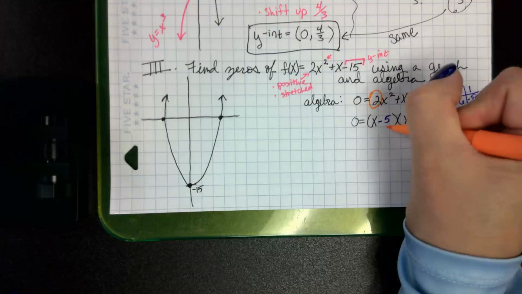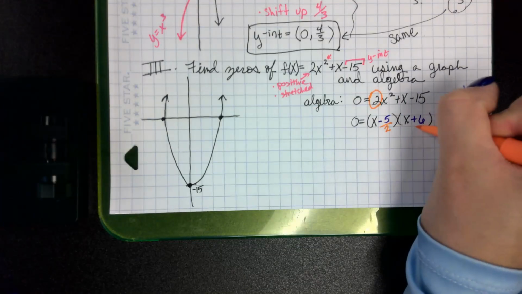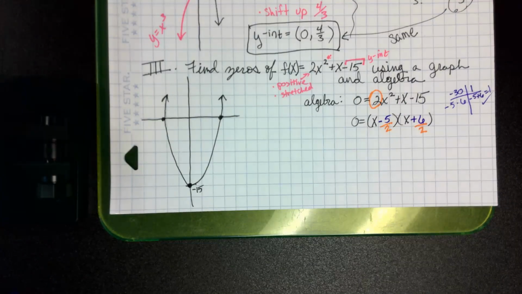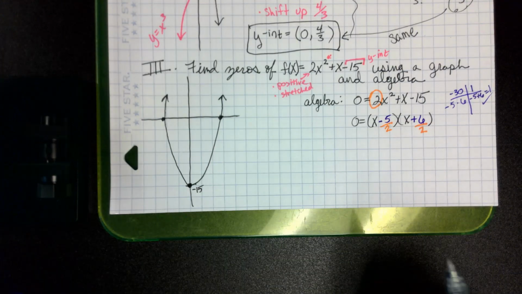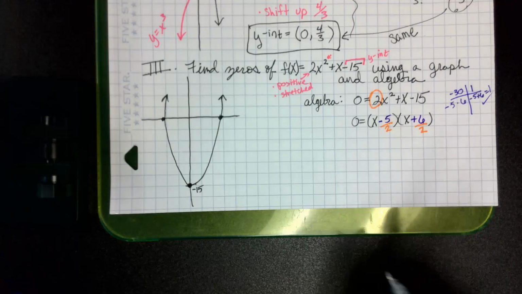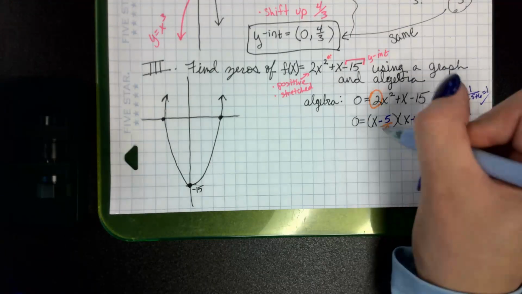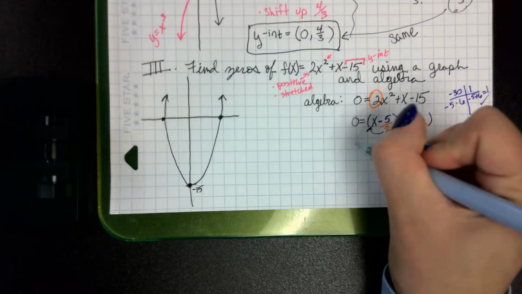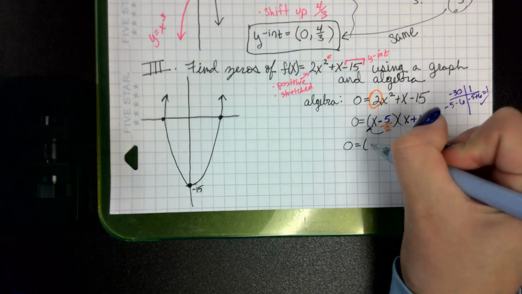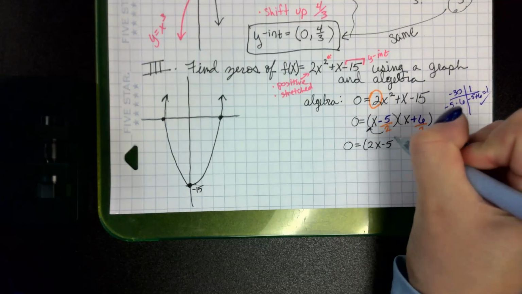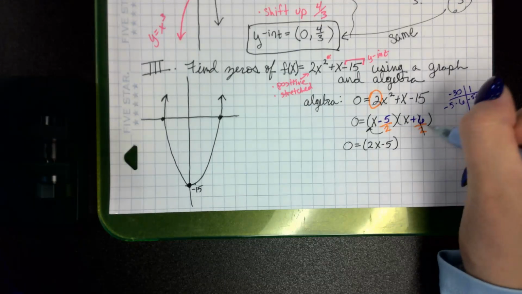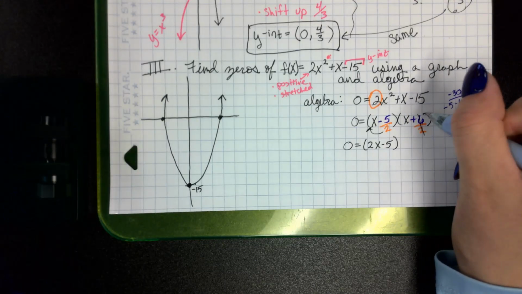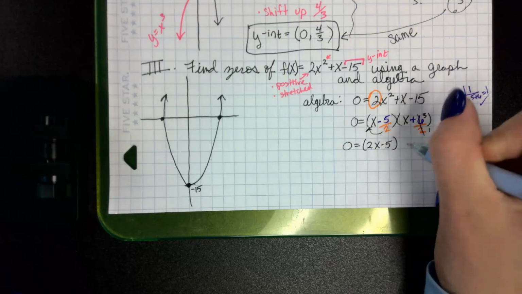You have to divide by the a value. So those two factor numbers I came up with, I need them to be divided by 2. Well, 5 doesn't divide by 2. So I'm going to take my 2 and say bottoms up with a 2, move it in front of the x. So now I have 0 equals 2x minus 5 for that factor. 6 does divide by 2. 6 divided by 2 gives me a 3 over 1. So this one is x plus 3.